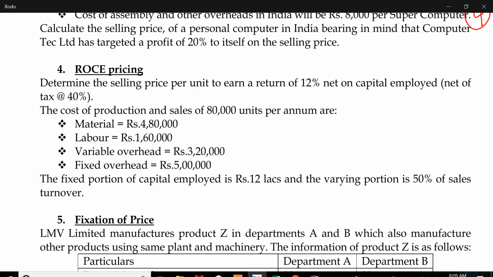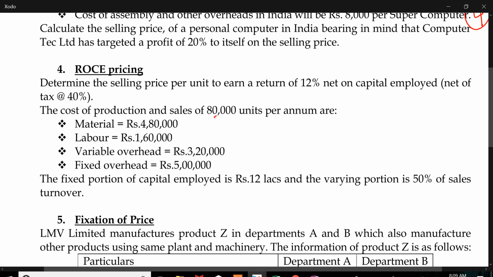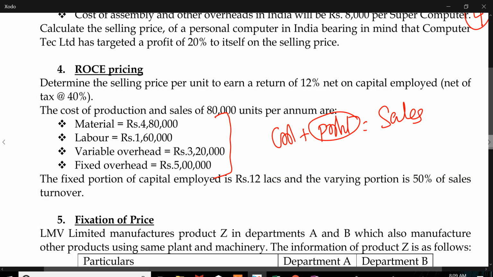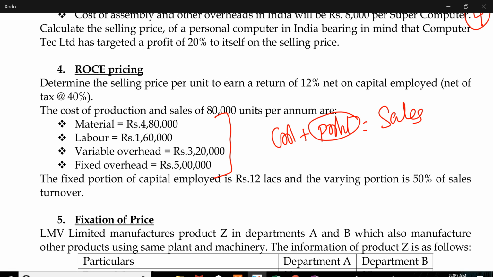Now listen, I have my cost here. Cost plus profit is equal to sales. What is profit? Profit is 20% of capital employed, because you need a 20% return. So profit is equal to 20% of capital employed. What is capital employed?